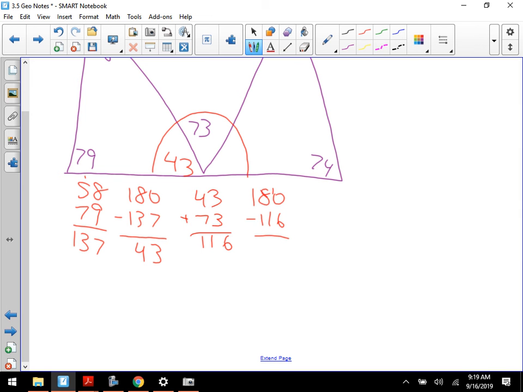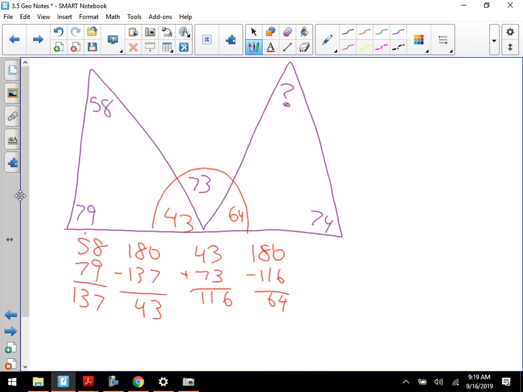And you get 64. So then we got 64 on both sides. And then don't you do 74 plus 64? Then do what with that answer? Subtract that again from 180. And then 42 is your missing angle.